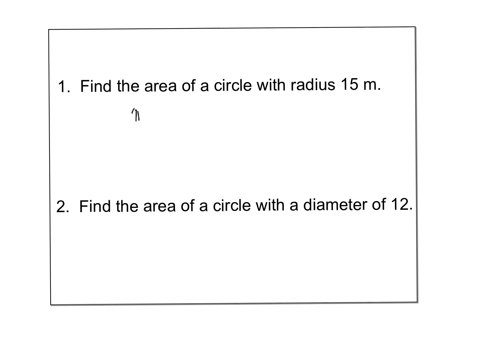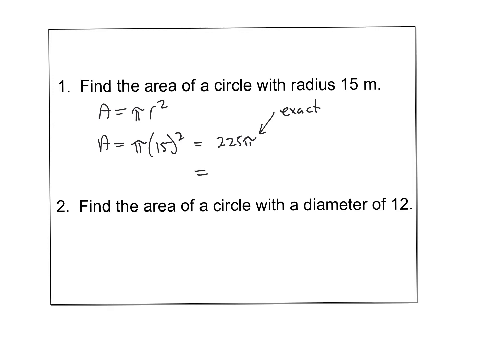Well, pi r squared is my area. So area will be equal to pi times 15 squared. So that would be 225 pi. By the way, this is known as an exact answer.